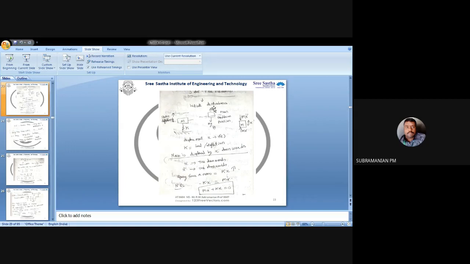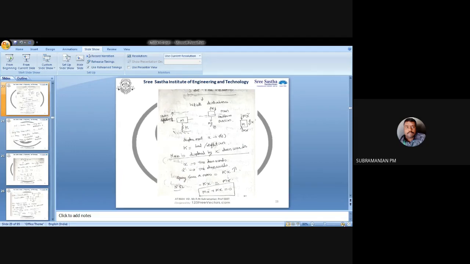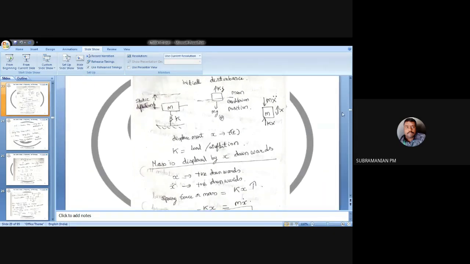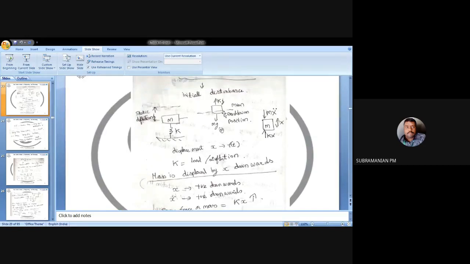Let me zoom it. You can see your spring force will be acting, and the weight will be acting. So what will happen? Mg is equal to K del. Okay. So Mg is nothing but weight, and the product of stiffness into the static deflection. So that will be the spring force.